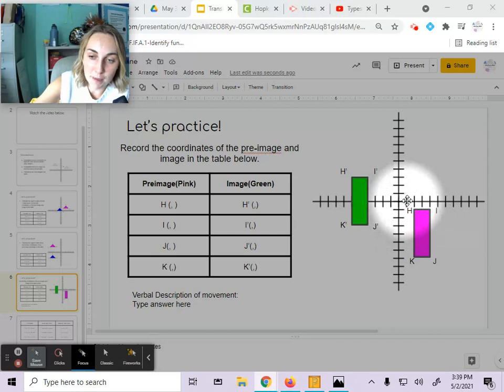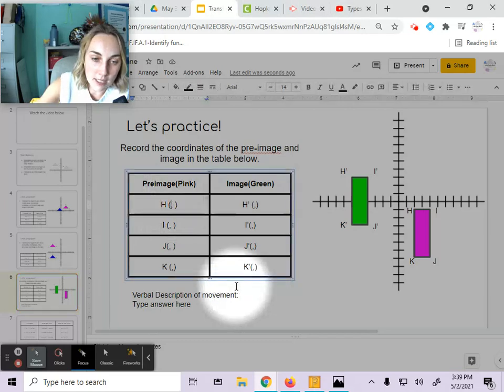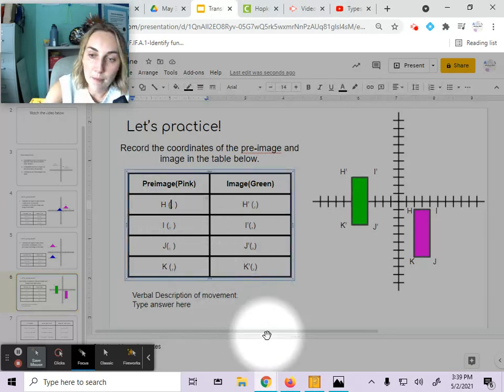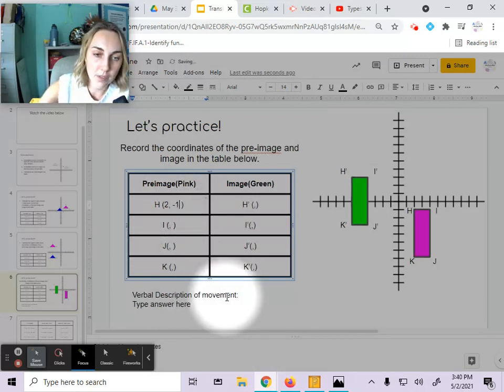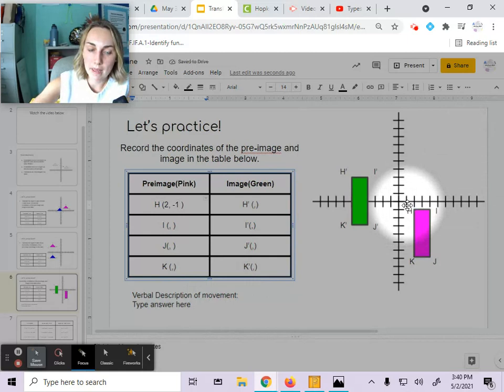H is at +2 on the x-axis and then -1 on the y-axis. So right here, I'm going to say H is at +2 on the x-axis and at -1 on the y-axis, okay?